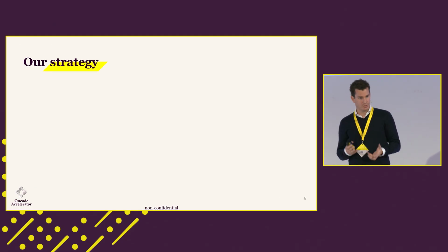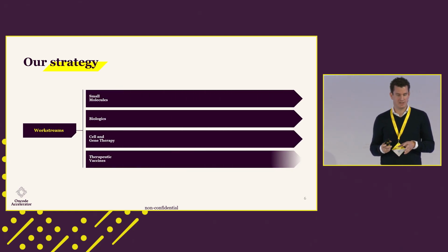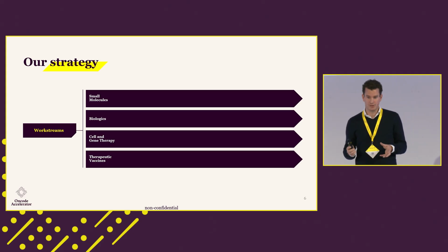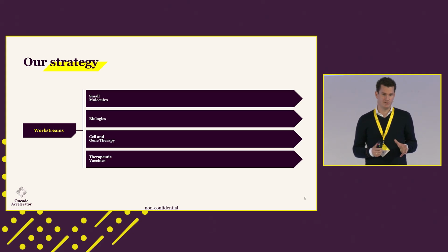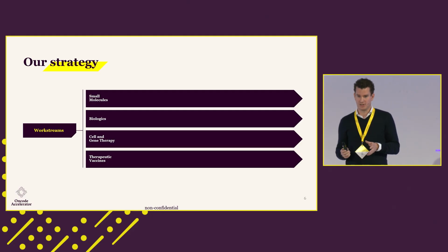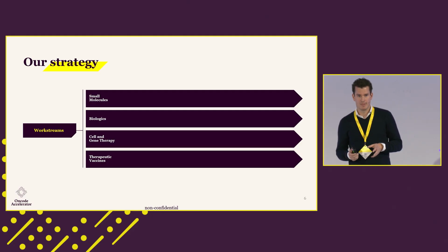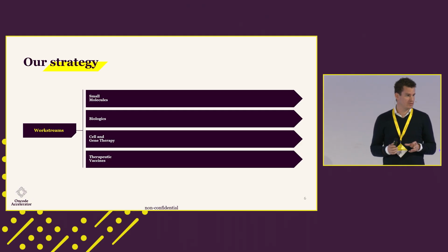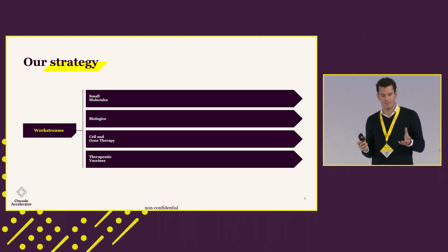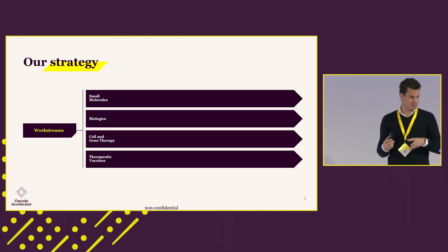So what are we doing with that 325 million euros? Part of that money is being used to set up a discovery and preclinical research infrastructure for 4 different product types. Those are small molecules, biologics, cell and gene therapies, and therapeutic vaccines. This is what we call the work streams in the Oncode Accelerator program, and each of these work streams is a consortium with different public and private partners from the Dutch oncology ecosystem.